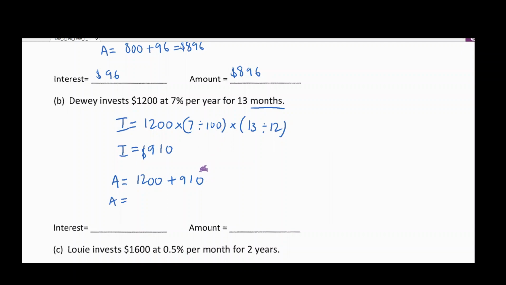I made a boo-boo here. That should be 91. My mistake. 91. So we're going to have 1,291. That makes it much better. That makes sense. So our interest is $91. Our amount $1,291.